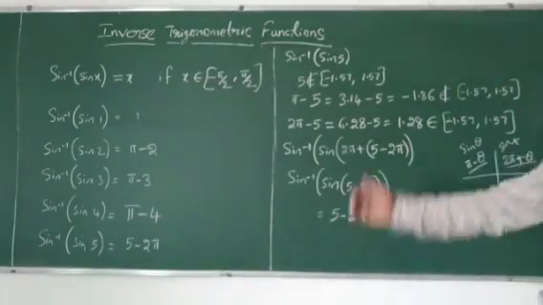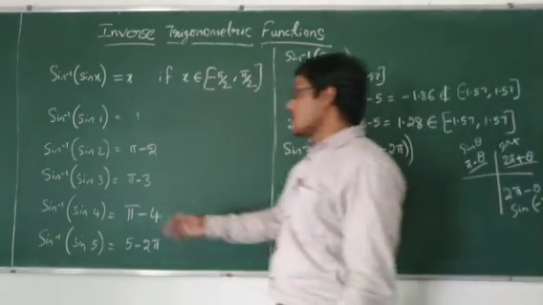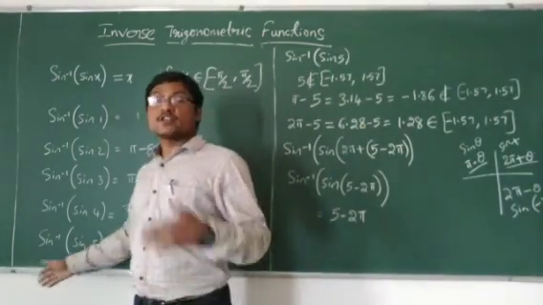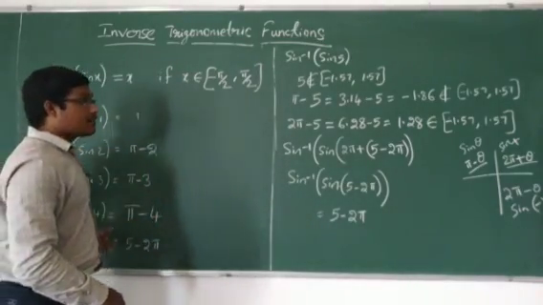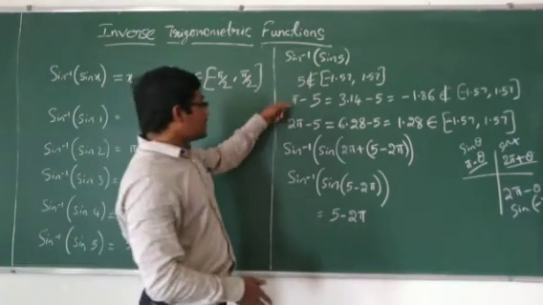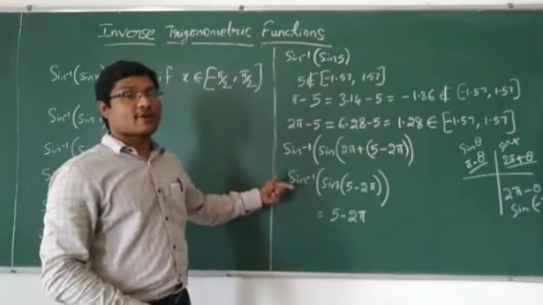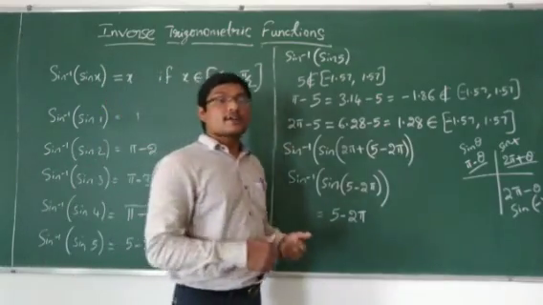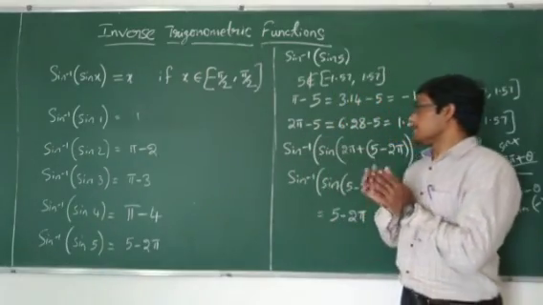Not only for 5, you can take any number here. You can take 5, you can take 10, you can take 20, you can take 50. But based on the number that you take here, we will change the values of pi. You can take 2 pi, 3 pi, 4 pi, 5 pi, 10 pi, 20 pi, based on the value that you consider here.